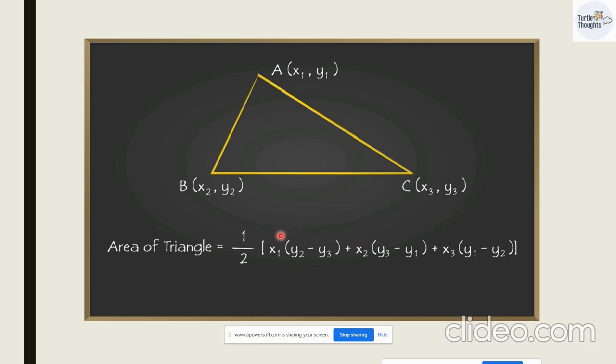So there is a pattern, right? x1, x2, x3. Here 1, 2, 3. Here 2, 3, 1. Here 3, 1, 2. All are cyclical, right?